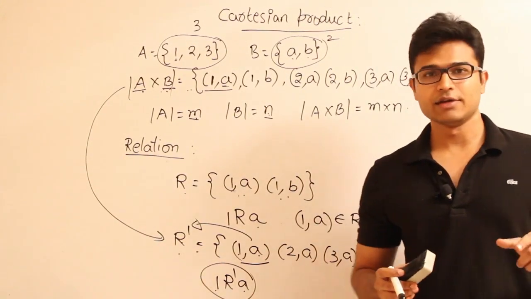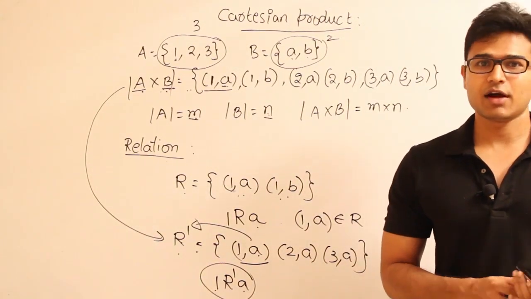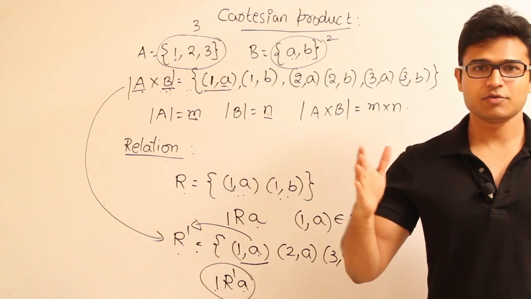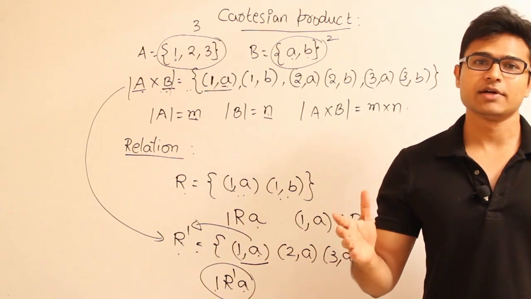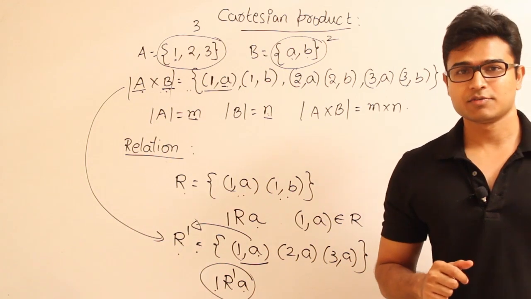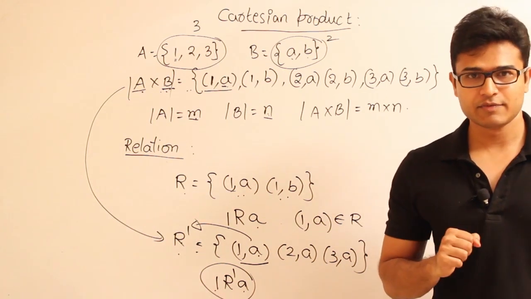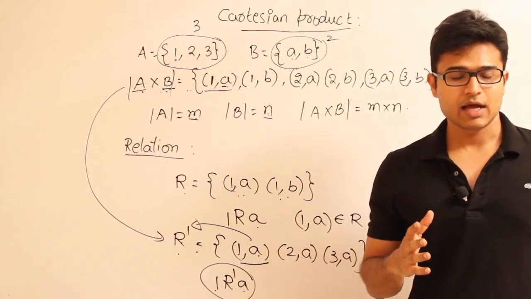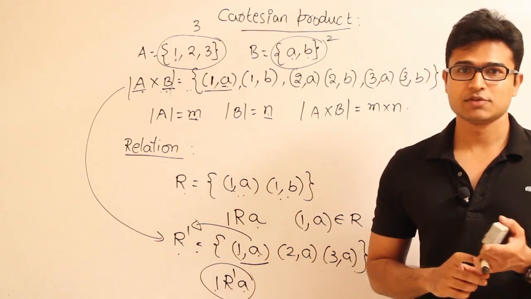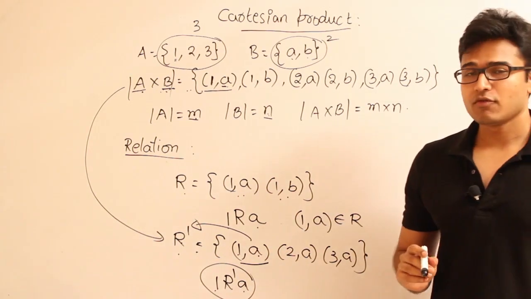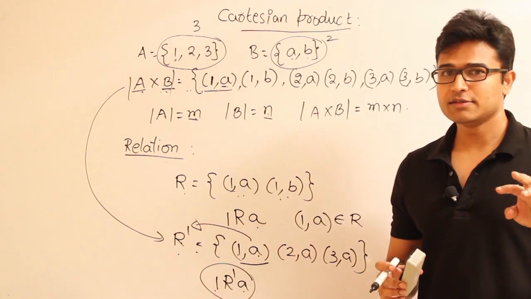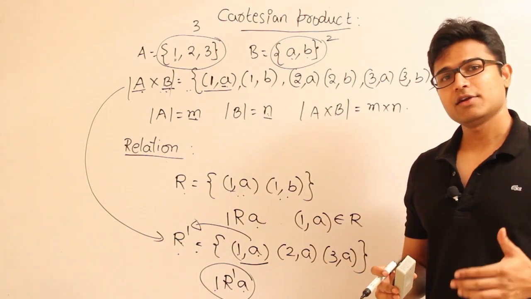So whatever I am discussing here is just a simple point. First, in order to define a relation, we have to define the Cartesian product. Once we get the Cartesian product, any subset of the Cartesian product is called a relation. Now, probably you must be wondering how many relations may be possible. That depends again. I told you that the sets can be finite or infinite.